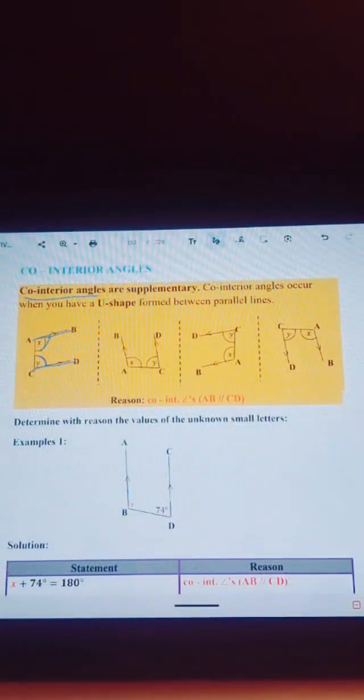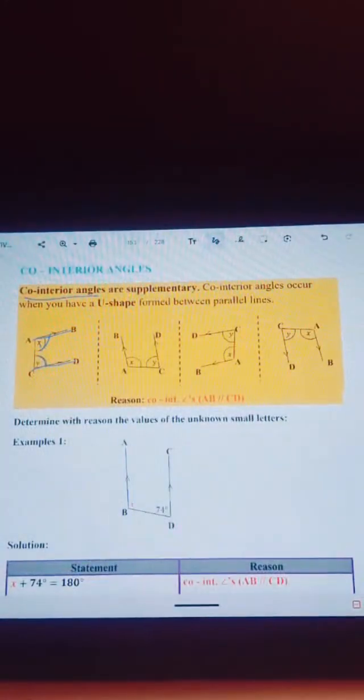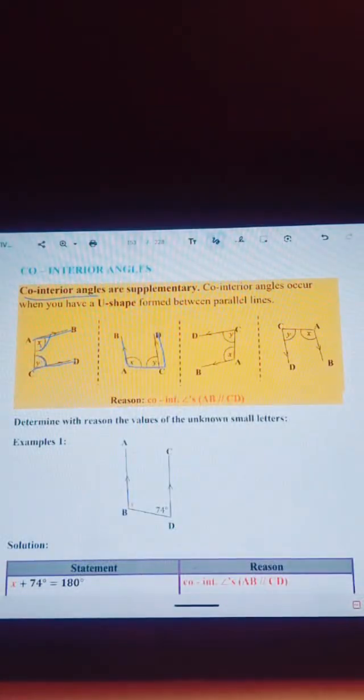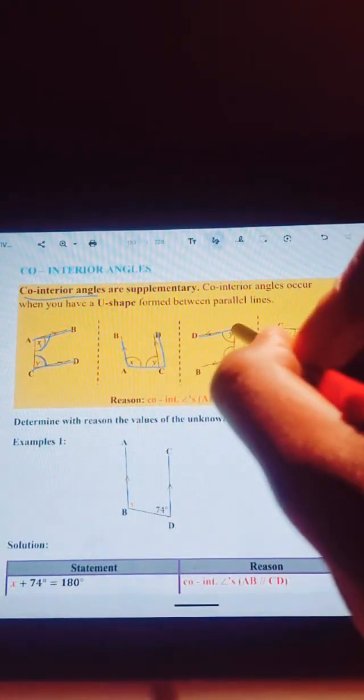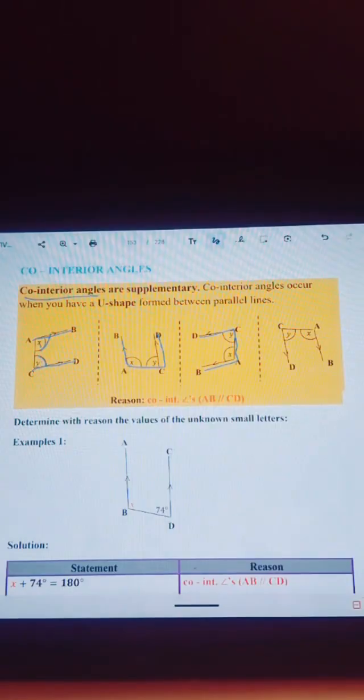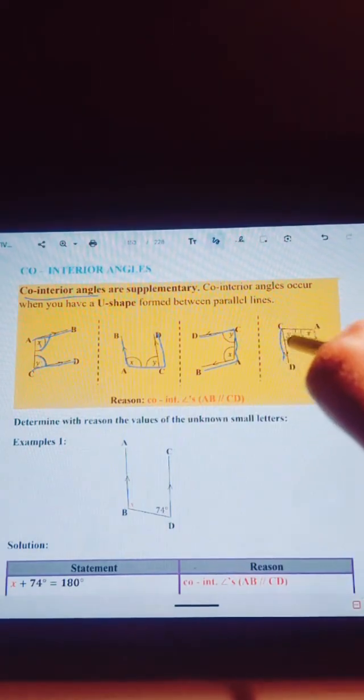So we are together inside the parallel lines. X and Y are together inside the parallel lines. X and Y again together inside the parallel lines. X and Y here together inside the parallel lines.